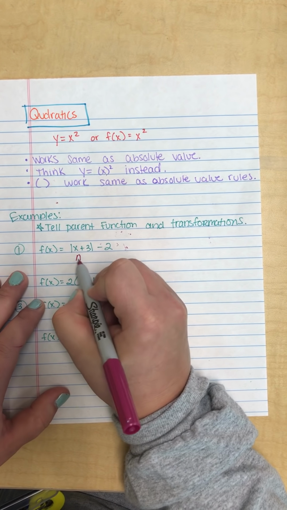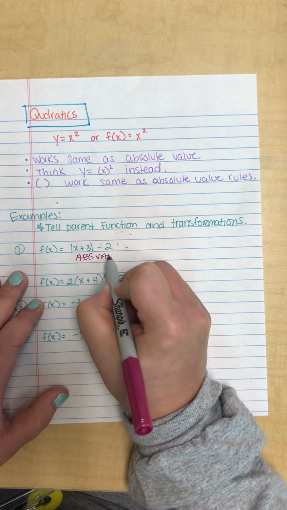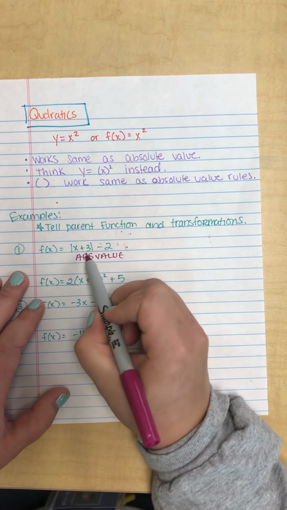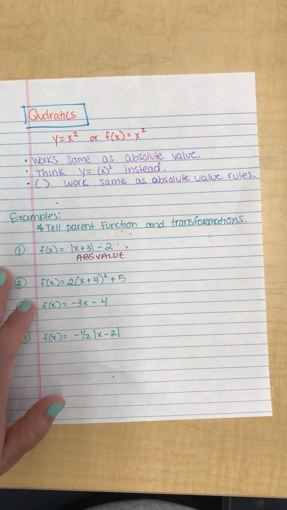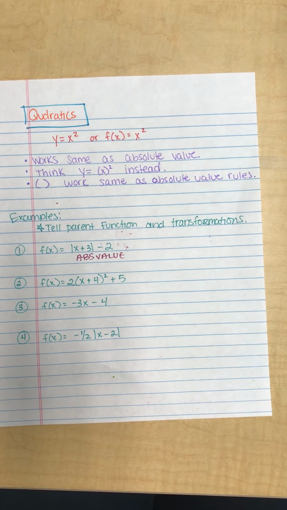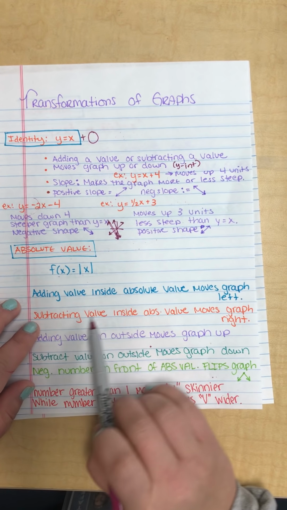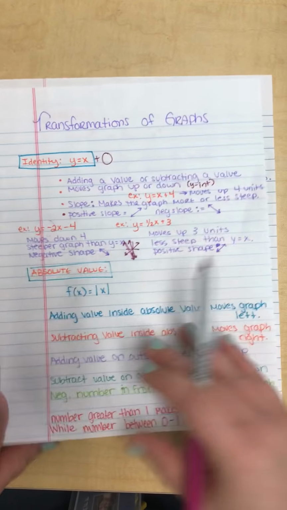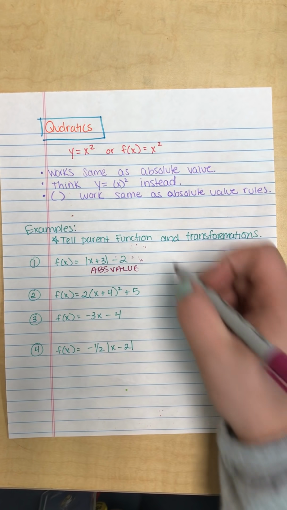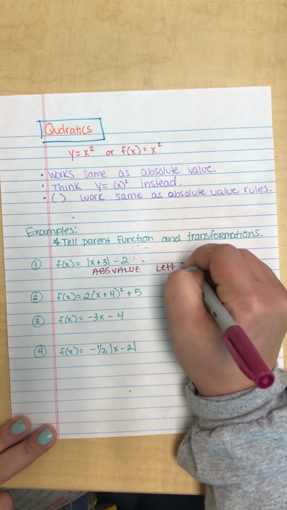Okay, so this is absolute value because we have absolute value signs. This plus 3 in the middle, since it's in the middle, follows our absolute value rules. If we look back here, if we're adding a value inside, it moves it left. So that's what's happening here. This would go left 3.